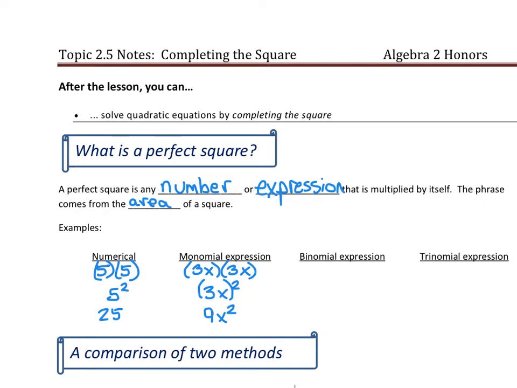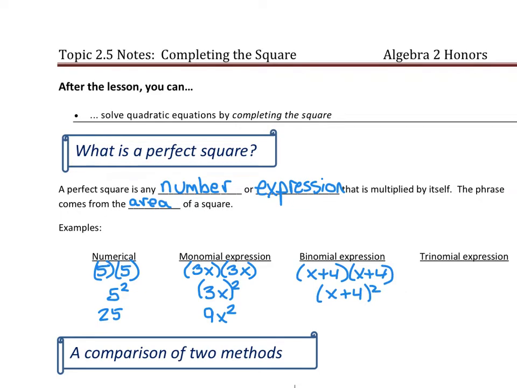Let's look at a binomial expression. Root word bi means 2. So let's look at something simple like x plus 4 times x plus 4. I could write that using exponents as (x plus 4) squared. So if I saw something like (x plus 4) squared, that's a perfect square.